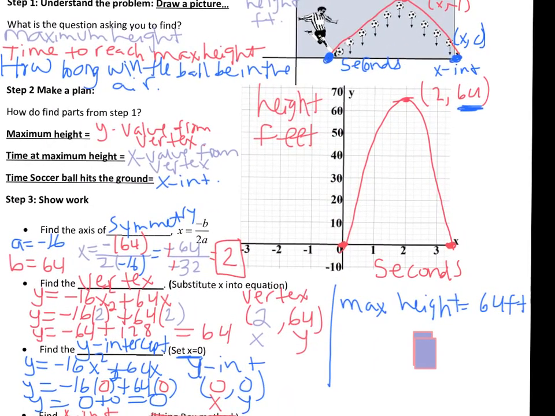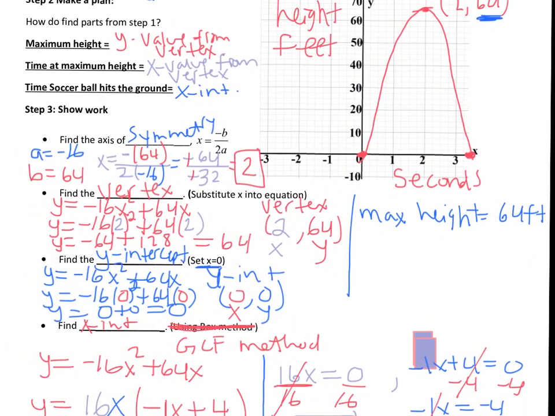As you can see, the maximum height is at 64, and the time it got there was 2 seconds. So time at maximum height equals 2 seconds.